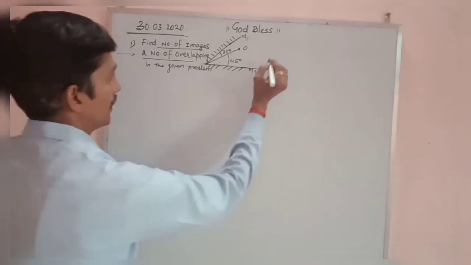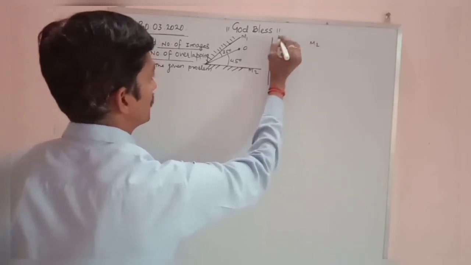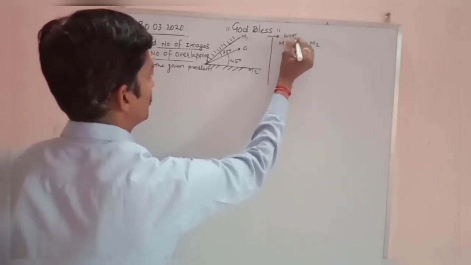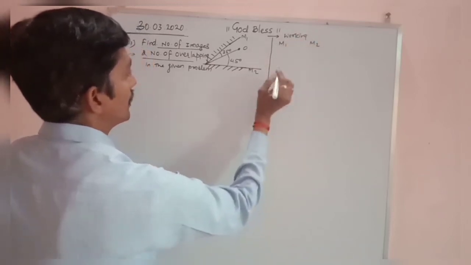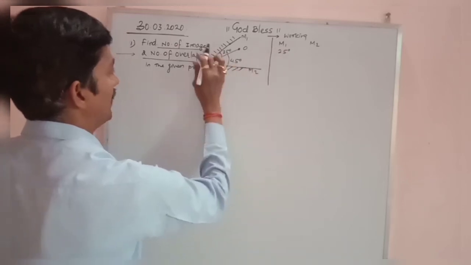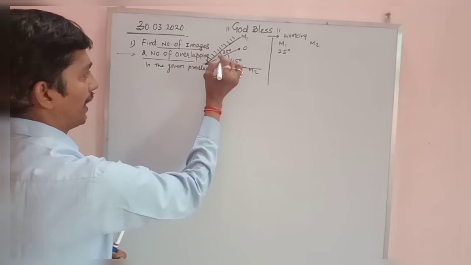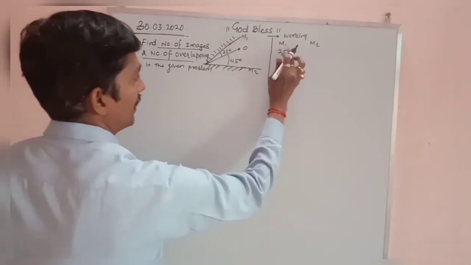Here M1, and this is M2. I'm doing the rough work here. So M1 will make the image at how much angle? Because the object is at 25 degree, the image will be made by M1 at 25 degree, right?